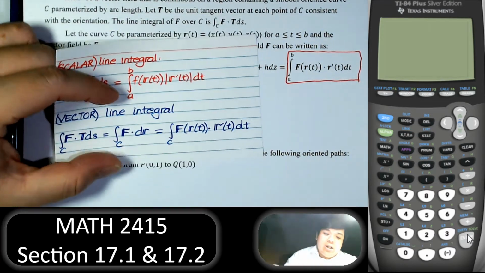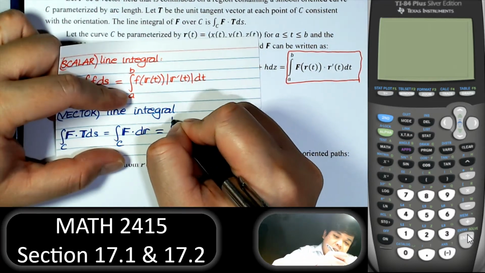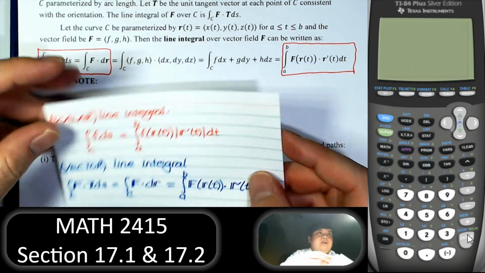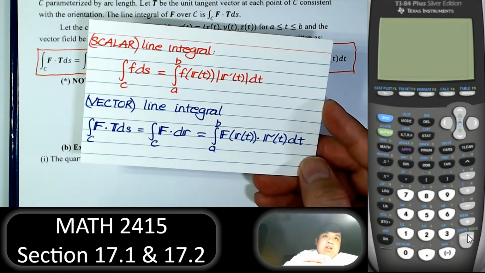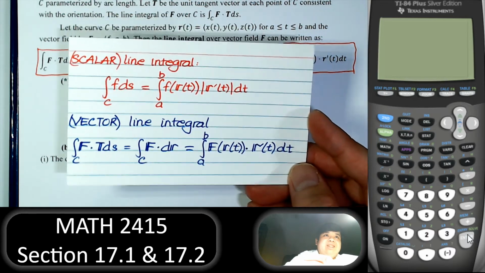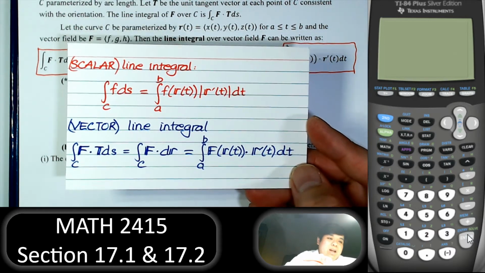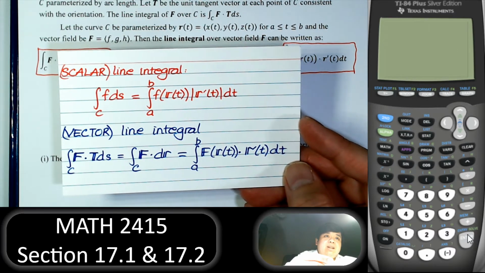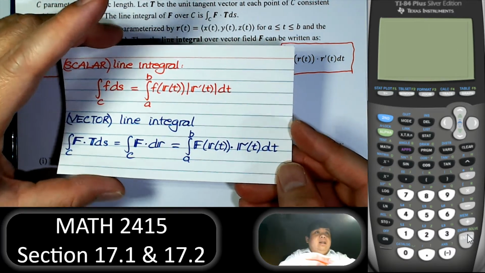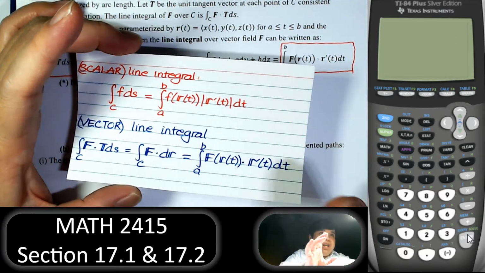And then evaluate this from a to b. So this is essentially the summary of the whole section. Yes, there are a lot of other tiny things too, but I want to focus on only these two forms.